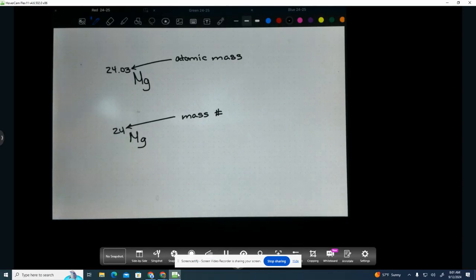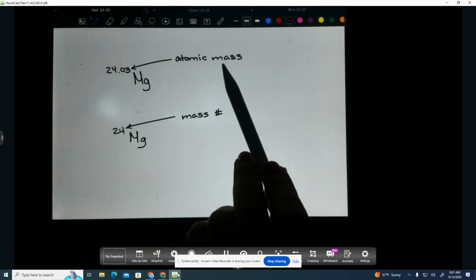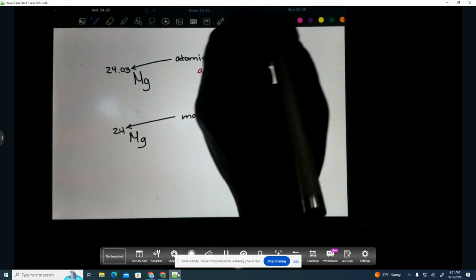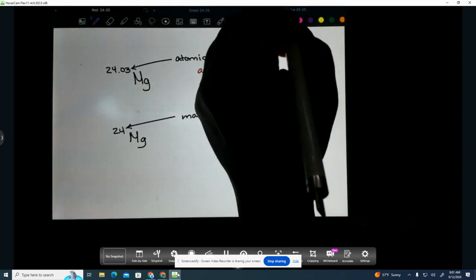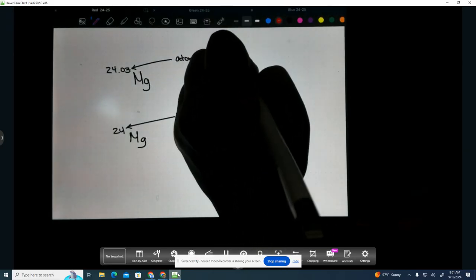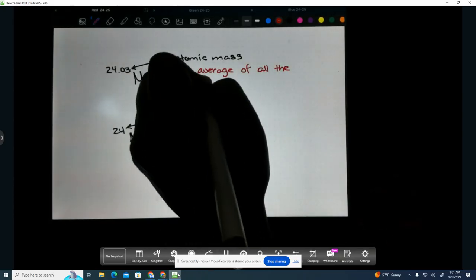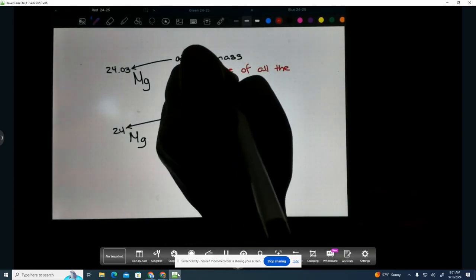And the reason why this one is a decimal and this one is not: atomic mass is an average of all the magnesium isotopes.